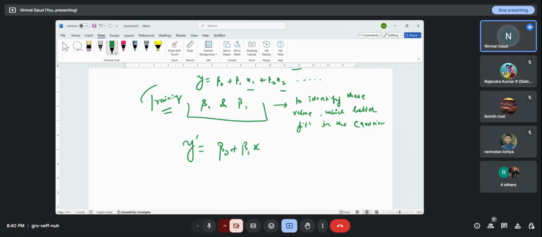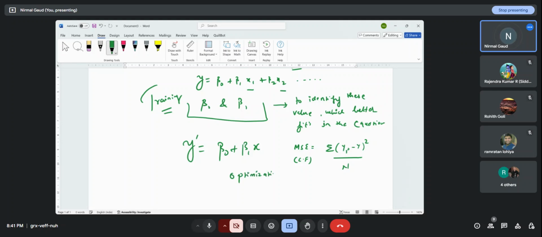And how did we get this? By MSE, that is your cost function, the summation of y predicted minus y actual whole square divided by n. We achieved the values of beta naught and beta 1 from this equation by performing optimization.